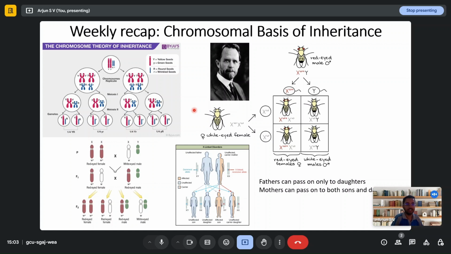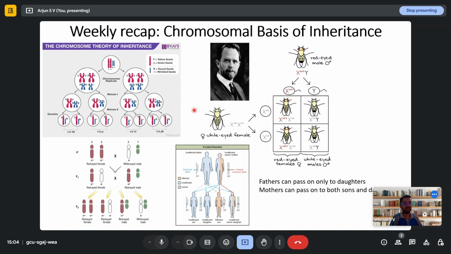where we went into a molecular basis of how the dominant and recessive alleles become part of chromosomes, and how any trait, any part of gene in the chromosome. So we already saw in week 4 that genes are compressed into nucleosomes using histone proteins, and these nucleosomes are compressed further to form chromatids and chromosomes.